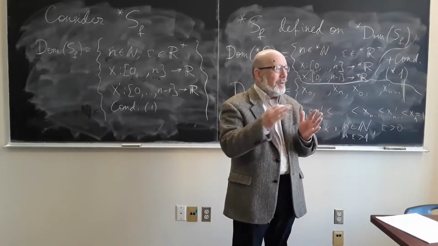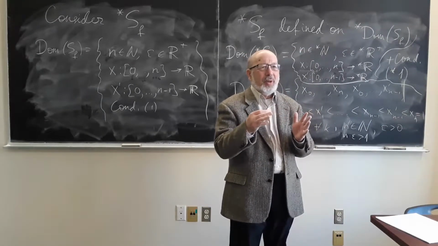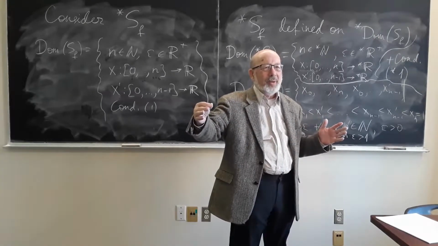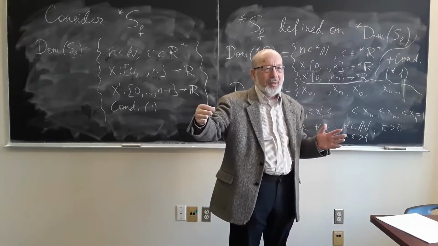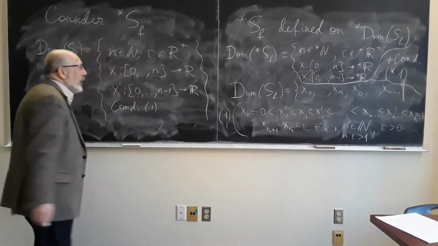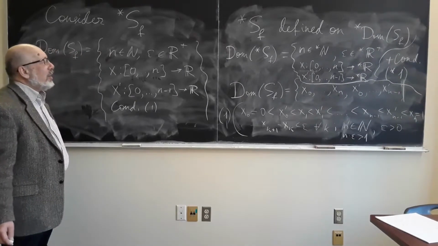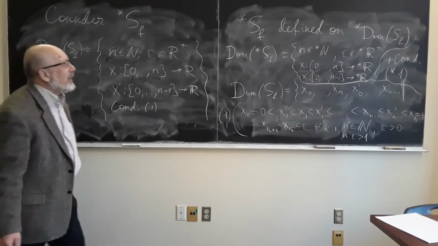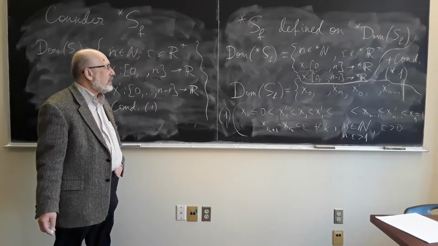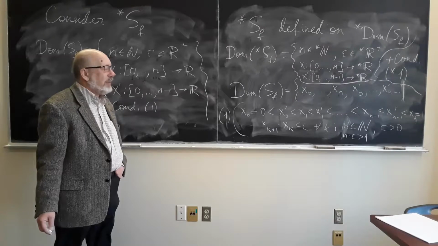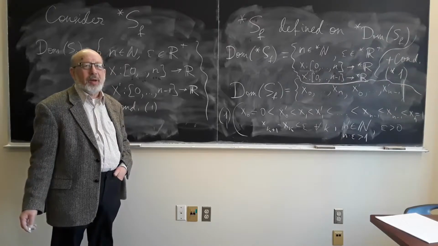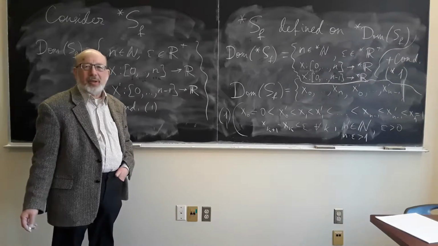The distance is less than epsilon, but the sum of these distances is 1. The number of segments is n, so n times epsilon should be more than 1. So it turns out that the result does not depend on details of the model, fortunately. And what we get is our usual integral.